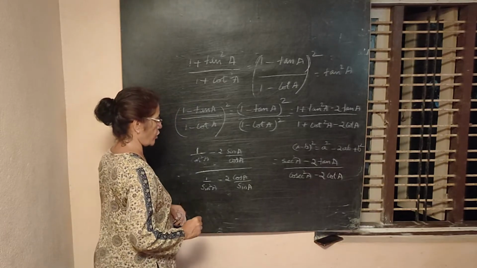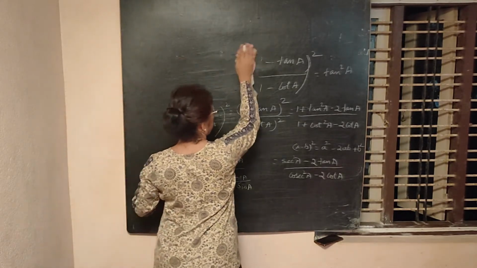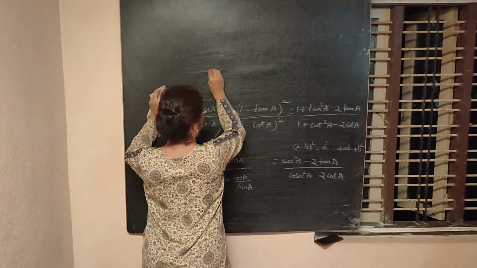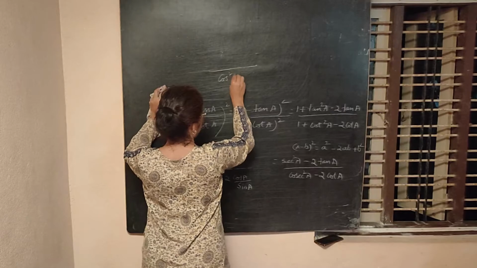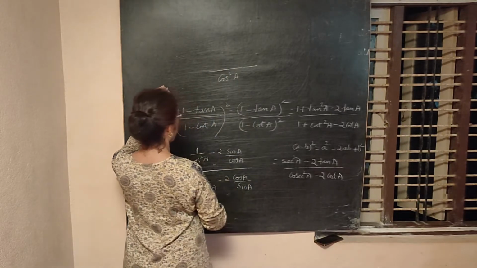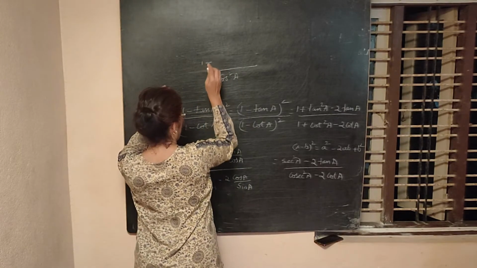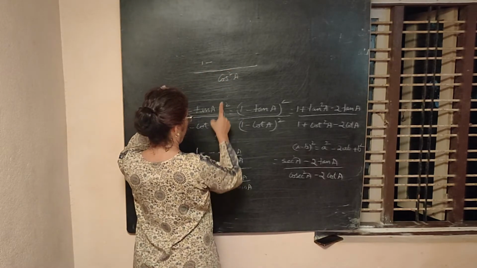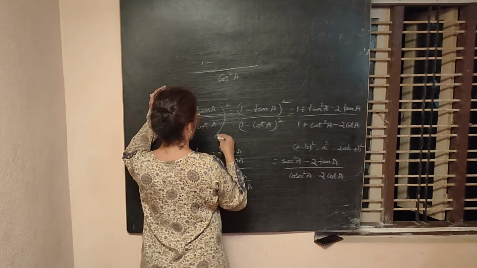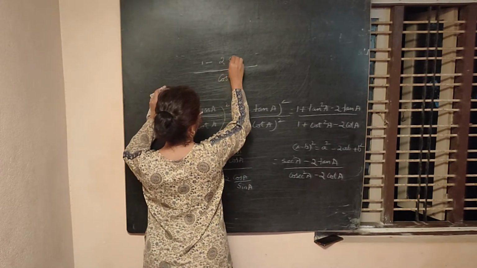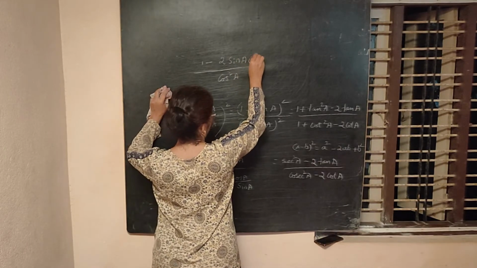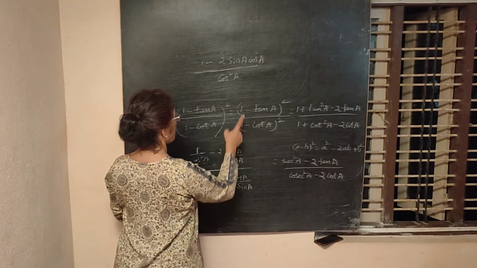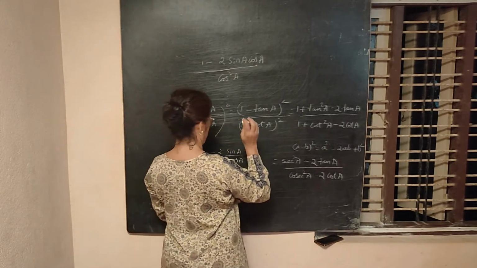Let me take the common denominator. Cos square A is the common denominator. You get 1 minus 2 sin A cos A, because here cos A cancels and 1 cos A remains.